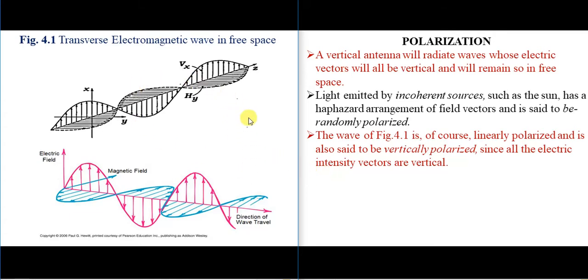Here in this diagram the wave is said to be vertically polarized since all the electric intensity vectors are vertical in nature. In this colored diagram, the pink line shows electric field vectors, and they are vertical. Here in this black and white diagram, Vx is the electric field, and it is also vertically polarized.